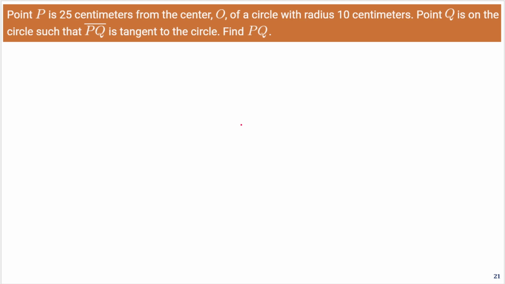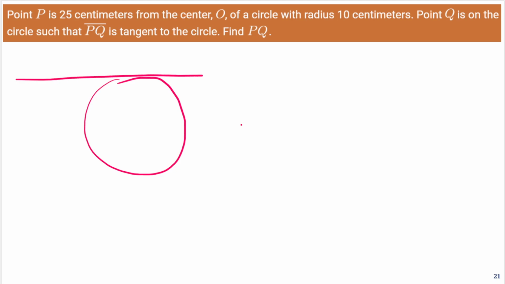Point Q is on the circle such that PQ is a tangent to that circle. Okay, let's draw the diagram. And you have a circle and a tangent line, right? So this is point O, which is center of that circle, a point P, and another point Q. So we need to find the length of PQ, right?